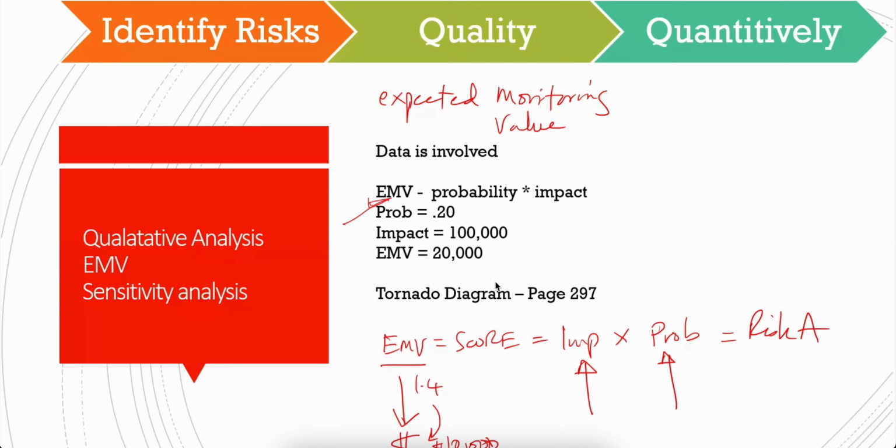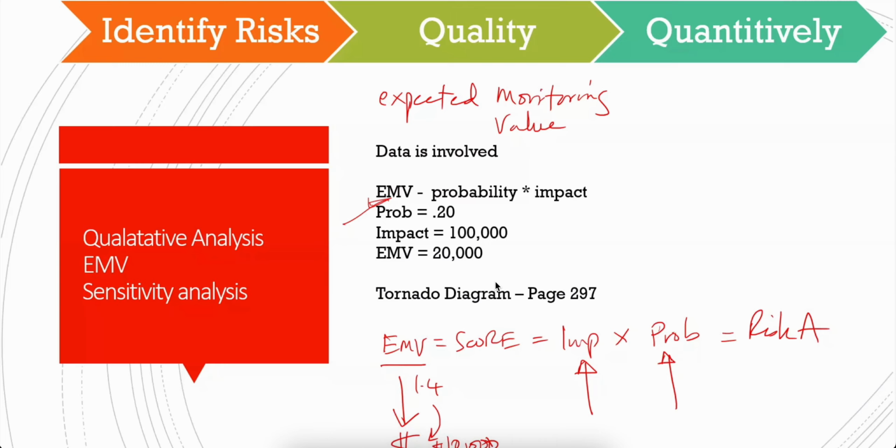So when you're doing a project, you can calculate the EMV of a risk in your project and find out how much that EMV is. Based on that number that you arrive at, you can calculate the cost of repair if that risk happens.